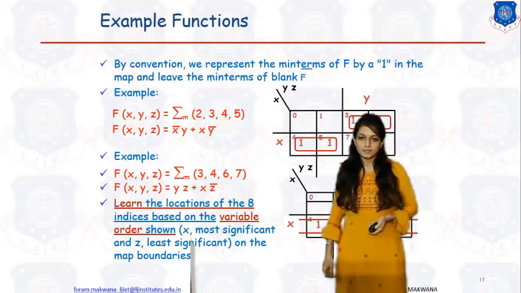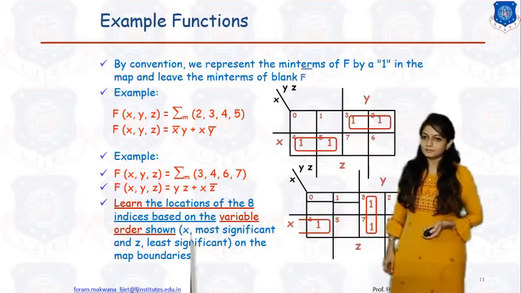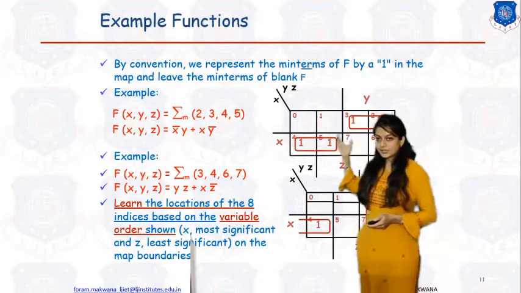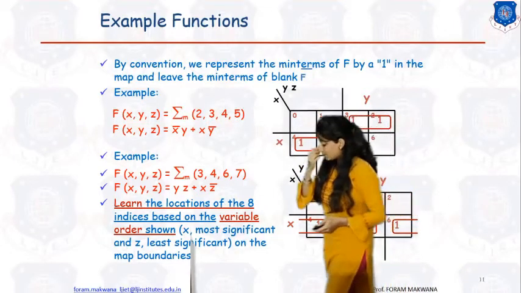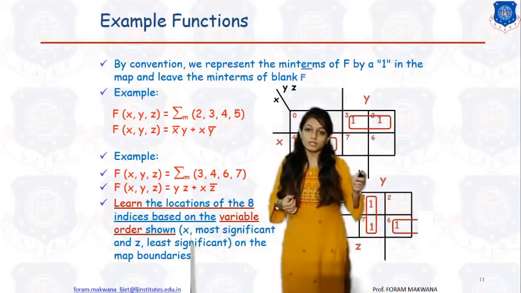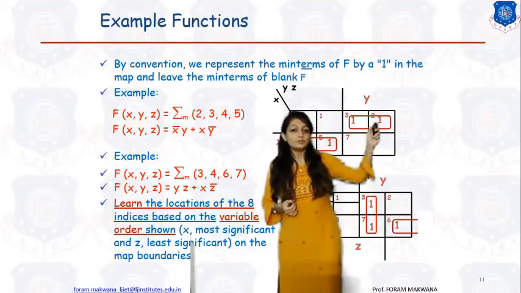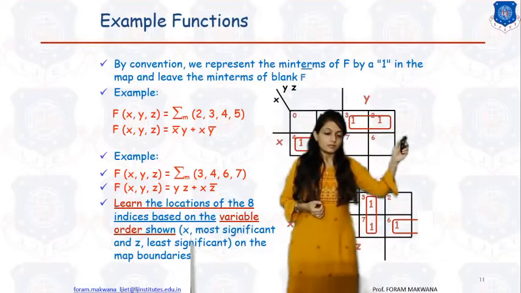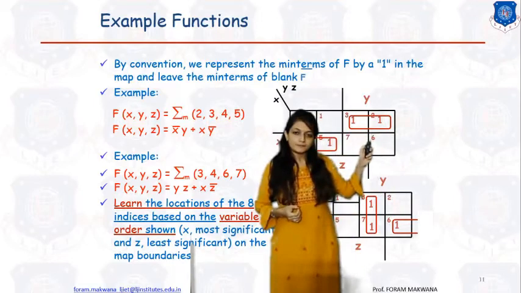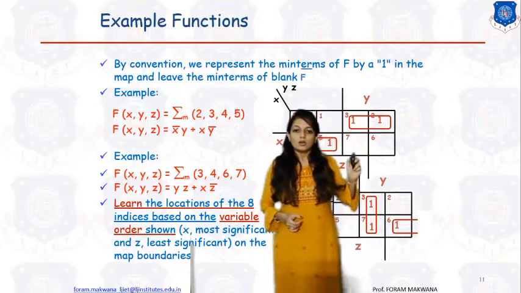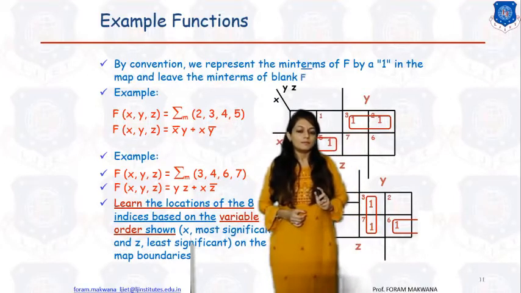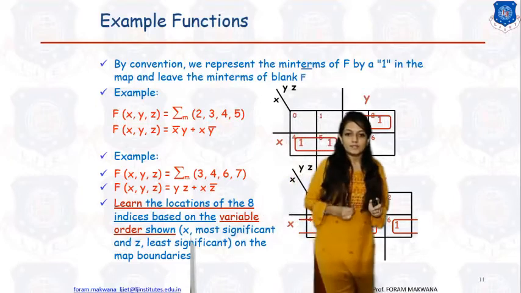Alright, let us take another example. The function f of x, y, and z is equal to summation of 2, 3, 4, and 5. So you need to place the min terms inside the 3 variable K map.